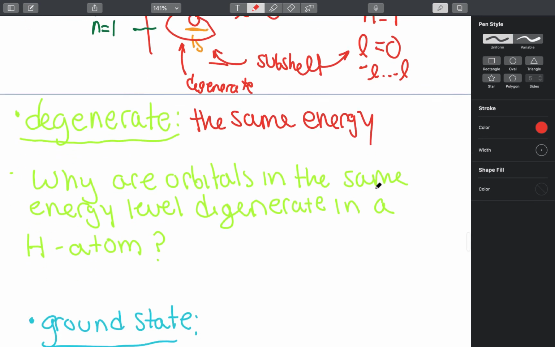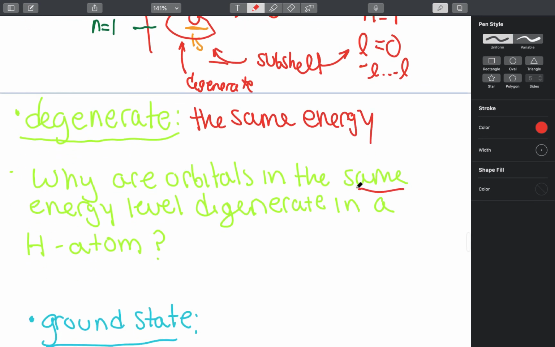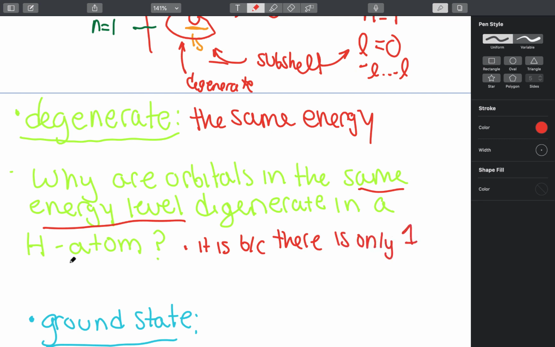This is only talking about orbitals within the same energy level. Only orbitals within the same energy level are degenerate. So why are orbitals within the same energy level degenerate in an H atom? Well, it is because there is only one electron in an H atom.